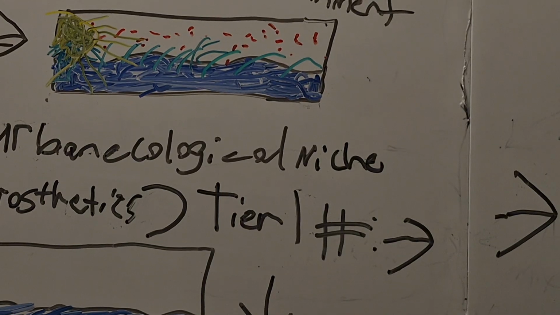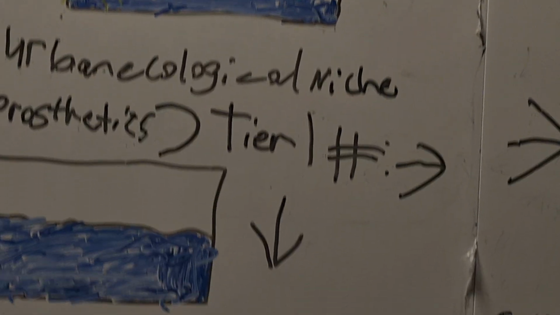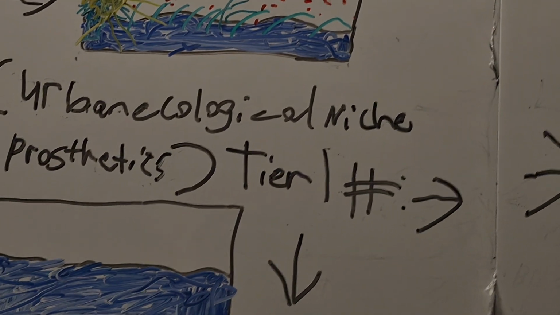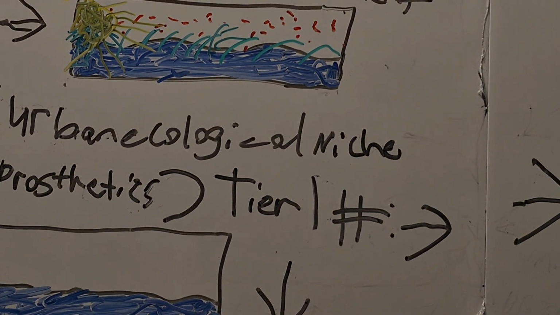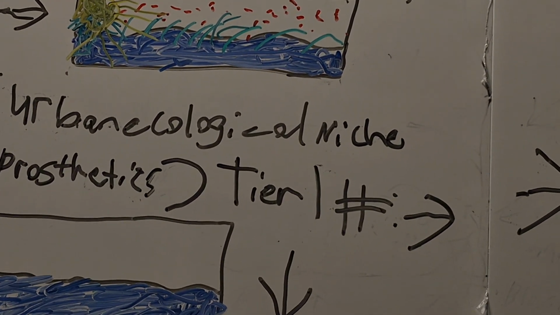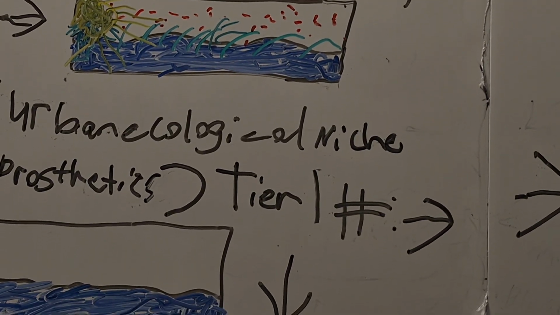In the water, I didn't have enough space to draw small fish, but it's implied that small fish or tadpoles could survive, and maybe some other wetland plants that are found in marshlands and wetlands in our region of Ontario or anywhere in North America.